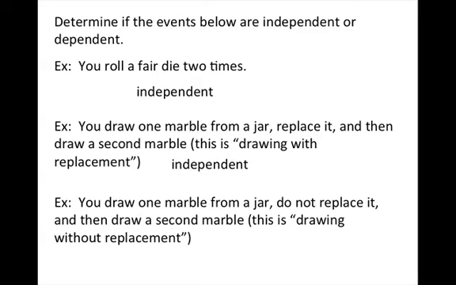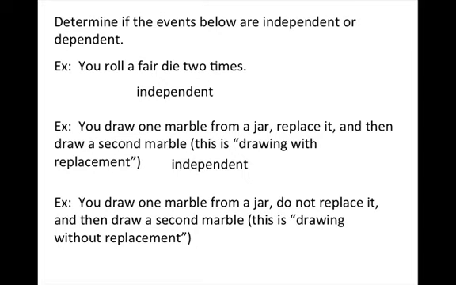But now look at the final example. I draw 1 marble from a jar, I do not replace it, and then I draw a second marble from a jar. This is called drawing without replacement. This time, what I do in my first action, what I do in my first draw, does affect the options I have for my second draw. Suppose the jar only contained 1 blue marble, and I drew it the first draw.